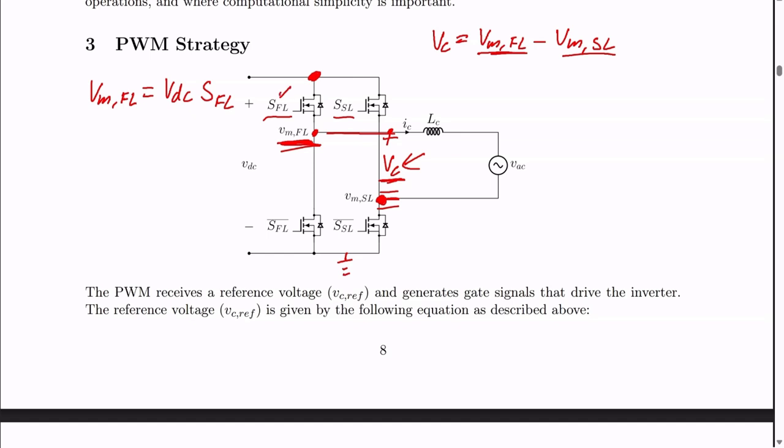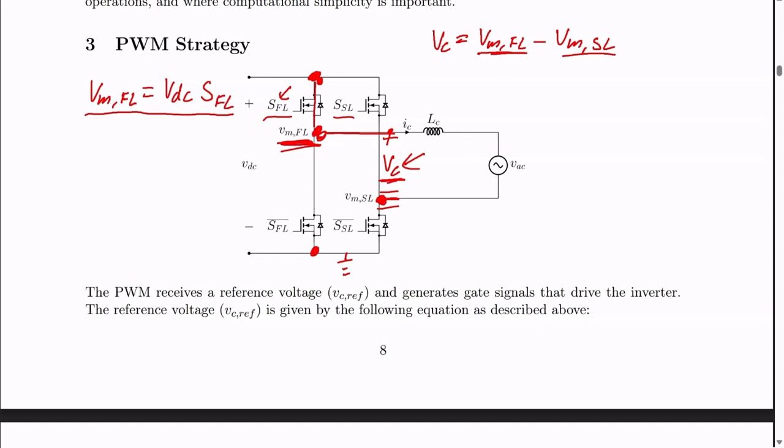When the gate signal is 1, this switch would be closed, so this voltage is equal to this voltage. Then we would have a voltage of VDC. And if it's 0, this voltage will be equal to ground, which is 0. So then we would get 0.